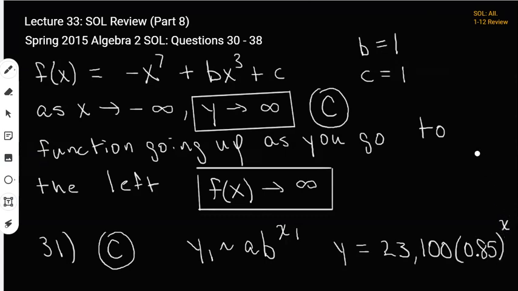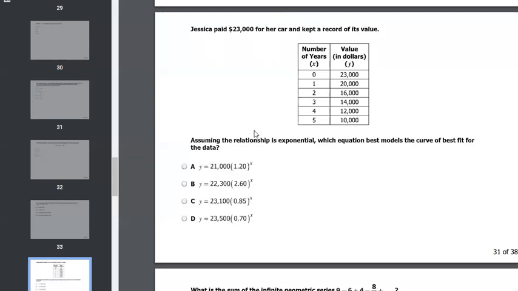So that's 31. Now, the question doesn't ask you to do any predicting, so you don't have to do that. You just need the equation.